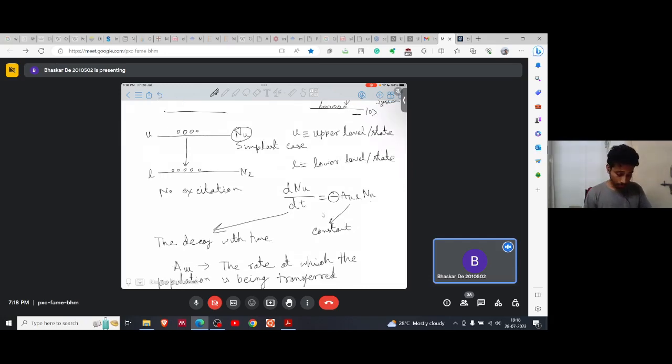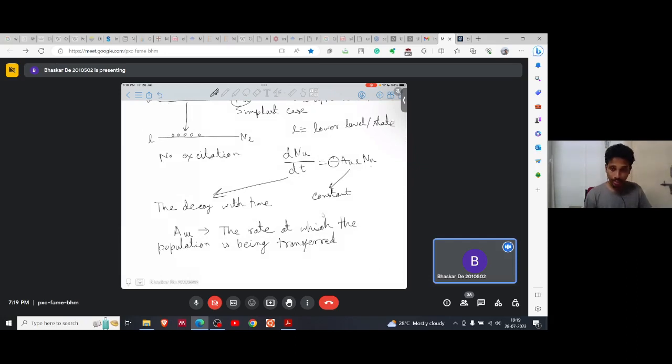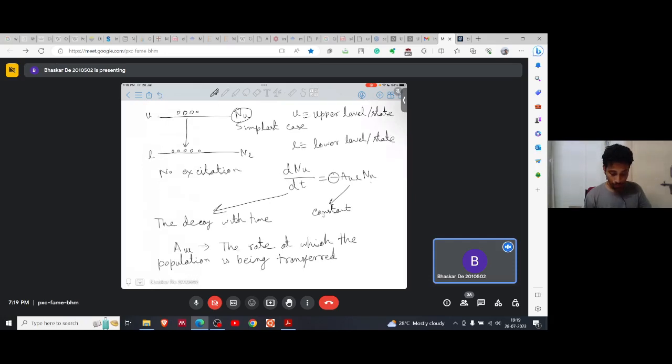If there is no excitation, then it will start to decay, and this process follows the differential equation dNu/dt equals minus Aul Nu. Here dNu/dt is the decay with time for the population Nu.